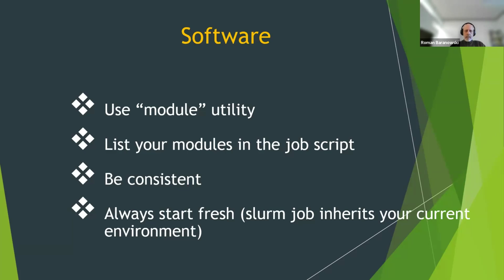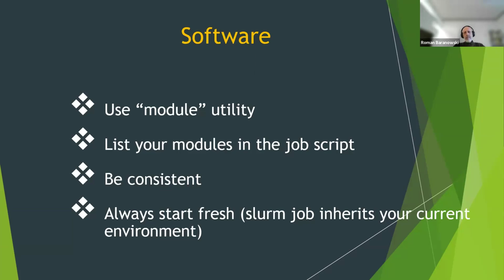And when you're submitting the job, always start fresh. Start from the environment which you already are familiar with, comfortable with, which has been verified and checked, right? Because sometimes when you submit a job, a Slurm job always inherits your current working environment.